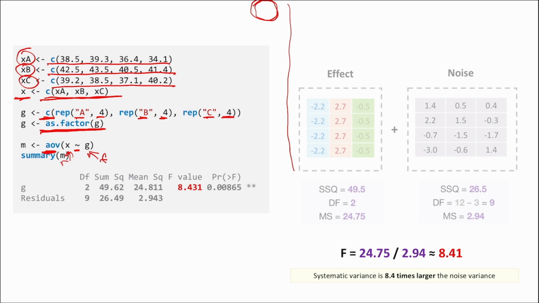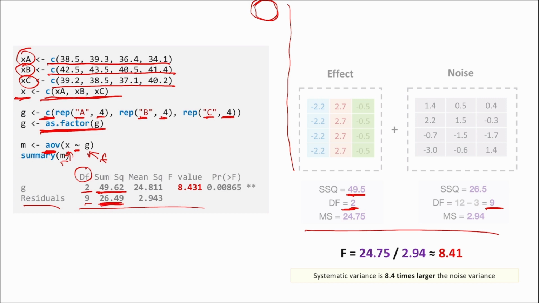And then if you look at this table, you will see a lot of numbers. But if you compare these numbers with these numbers, you will see most of them are almost identical. For example, this one is degrees of freedom, 2 for systematic part, 9 for residuals. We have 2 for systematic part, 9 for residuals. This is sum of squared distances, 49.62. We got 49.5 because I rounded the values in my calculation, so it's a little bit different, but very close, you can see.